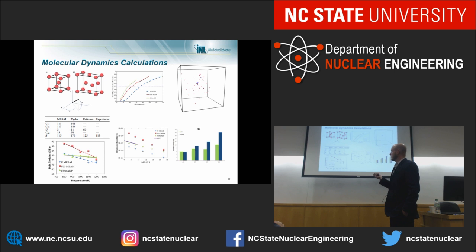We've calculated the elastic constants of these systems compared to the one experimental value that we have, and then some other first principles data. And then we were able to look at the bulk modulus and the amount of softening that happens in these systems as well.